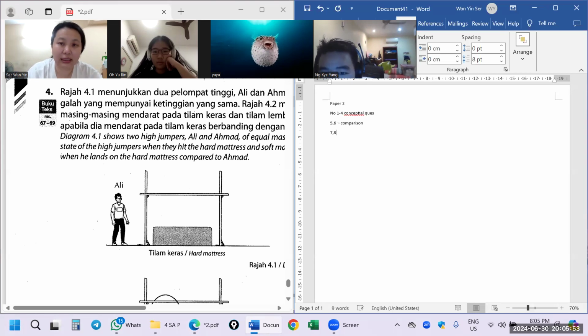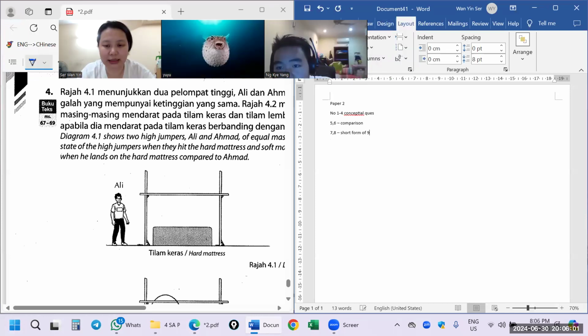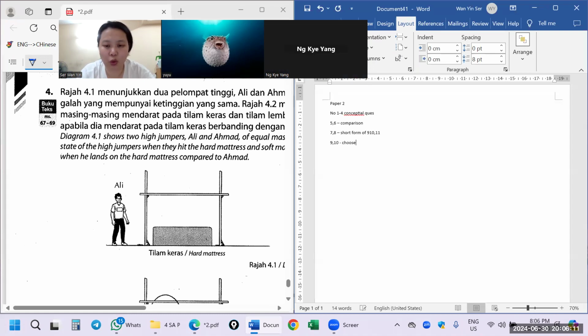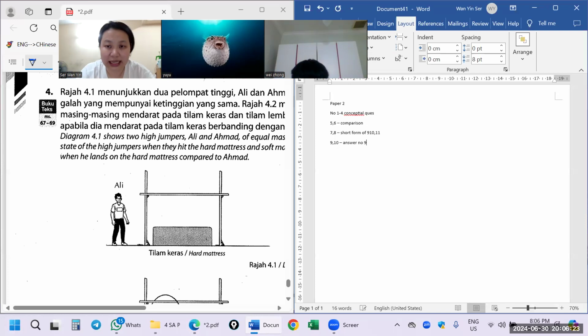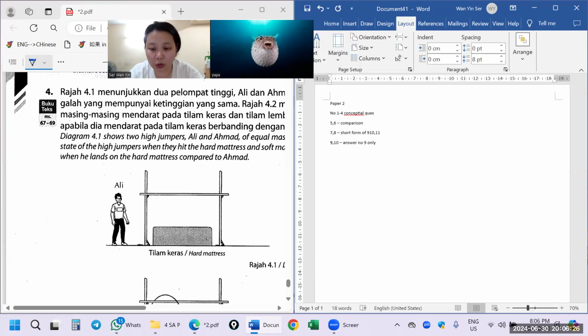Then 7 and 8 is like the short form of 9, 10, 11. Okay, then number 9 and 10, you just choose one. Understand? Choose one to answer. So for example, you answer number 9 only, or you answer number 10 only.